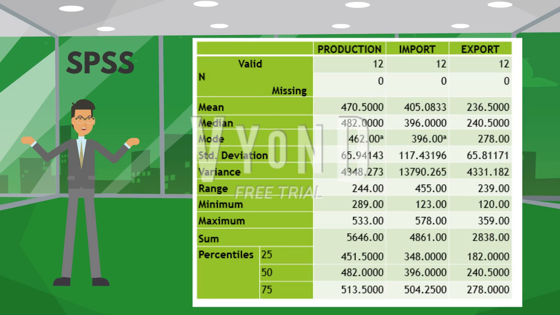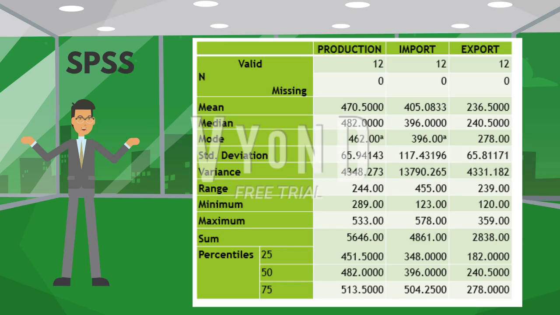So, percentile 25 for production is 451.5000, for import is 348.0000, and export is 182.00. Percentile 50 for production is 482.0000, for import is 396.0000, and for export is 240.500.